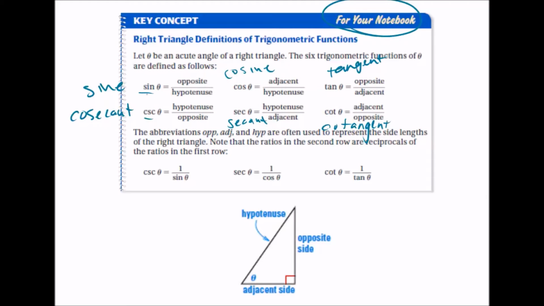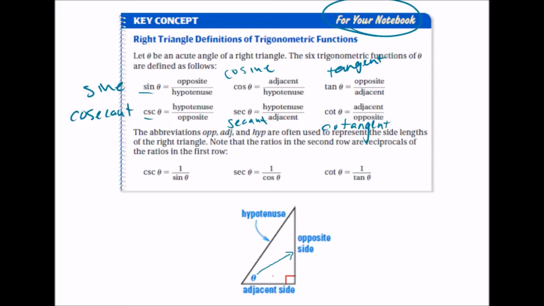So what the first one says is sine theta. Theta is an angle that we just identify. It's not the 90-degree angle like here, but it's either this one or this one in the top right. It doesn't really matter. But sine of theta is equal to the opposite side over the hypotenuse. So that's the opposite side, the far side from the angle, depending on which way you're looking.